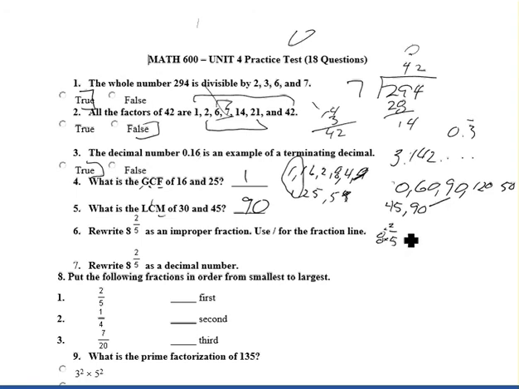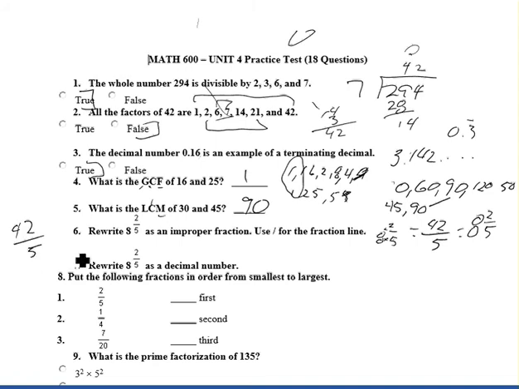So 8 times 5 is 40, plus 2 is 42. You change the numerator and keep the denominator the same. Then 5 goes into 42 8 times, and it leaves 2 left over, which is 8 2/5. So 42 over 5.